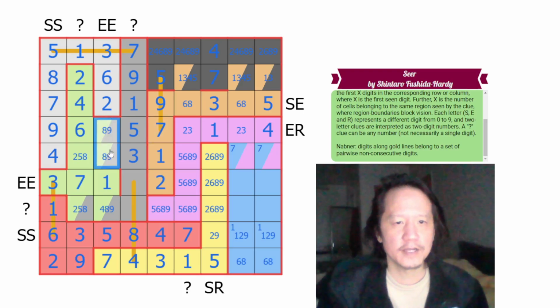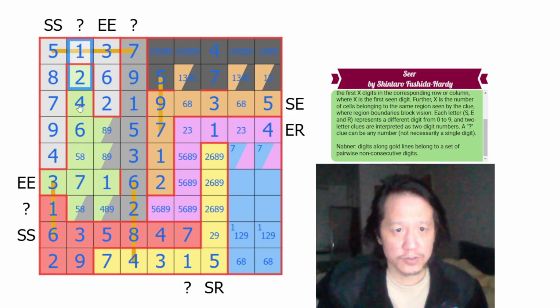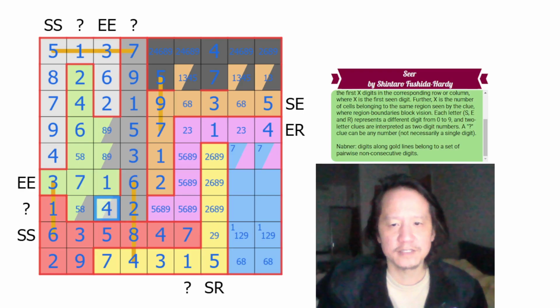We have an 8, 9, 8, 9 pair. This is 2 and 6. This can't be 2, so this is 6, which makes that 2. This can't be 2, and this can't be 2 because of the column. This can't be 8 or 9, so it must be a 4, which means this has to be a gray. Cannot be green.